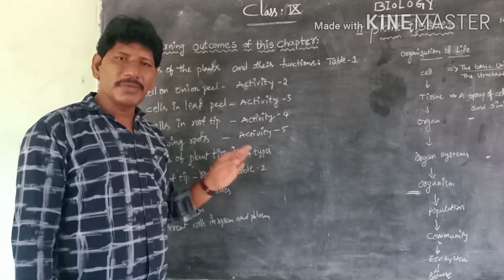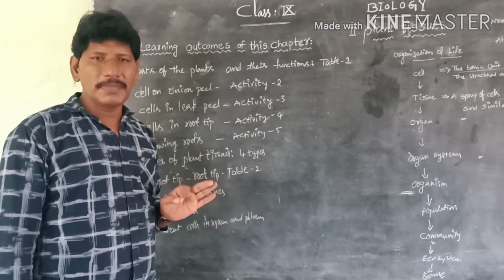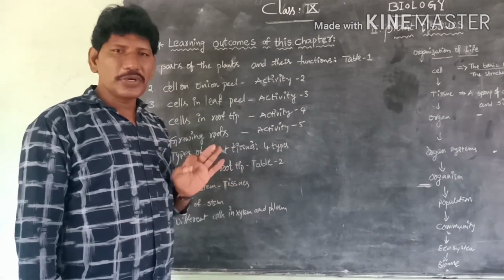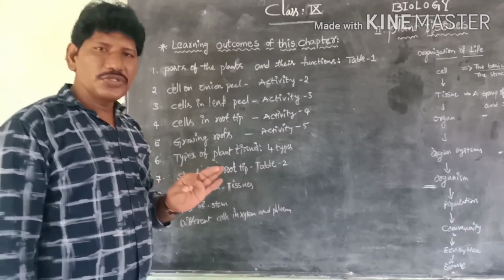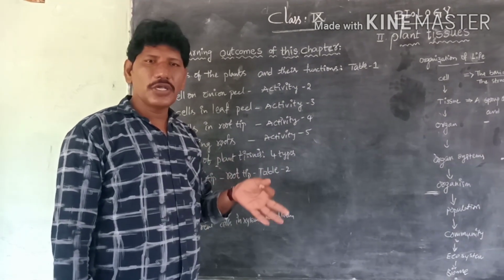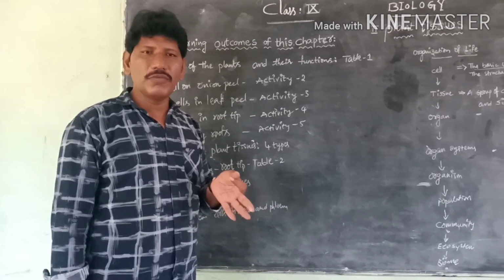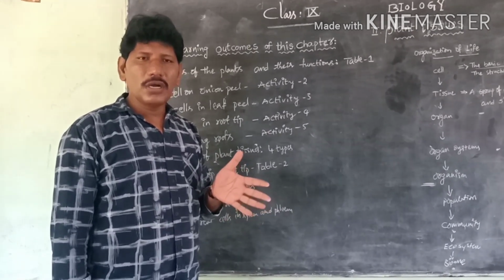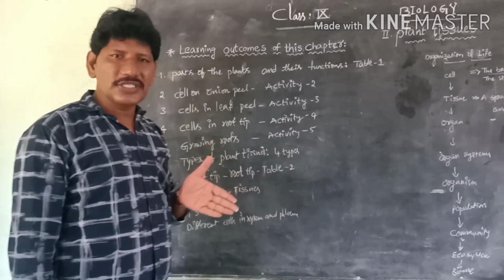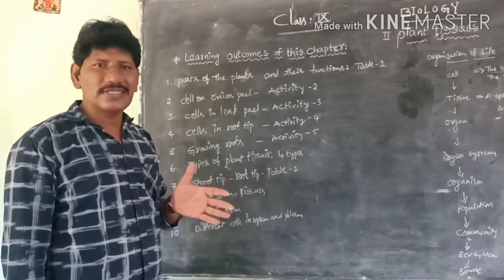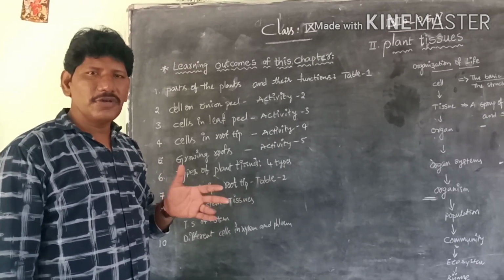For example, meristematic tissue for growth and development, dermal tissue for protection and covering, ground tissue for storage, and vascular tissue for transportation or conduction of water and food material. So for these four major functions, plants possess four different types of tissues.